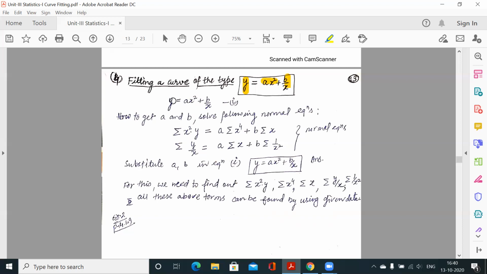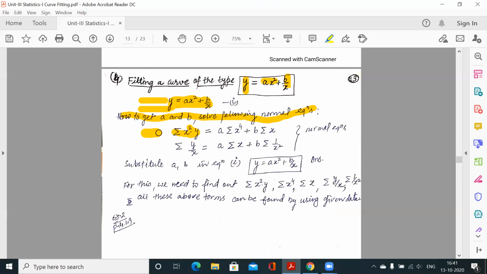So here in this case, if this is your curve, then the normal equations are summation x square into y, because this is not an exponential curve. So to get a and b, solve the following normal equations. So how to find the normal equations for this curve? First you have to multiply by summation x square, then summation 1 by x. Clear?